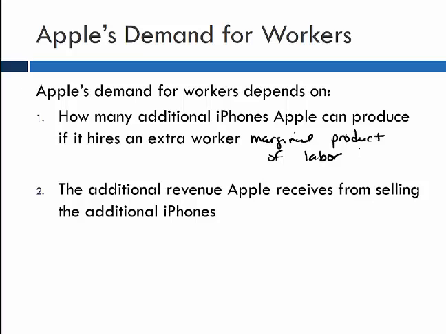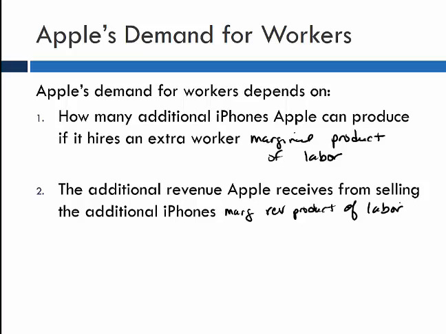But equally important to how much extra output I can get per worker is how much extra revenue I get from that extra output. So this is the marginal revenue product of labor. And these go together, right? The more extra additional output I get, the more revenue I get.